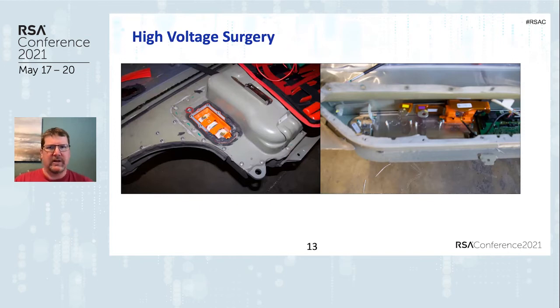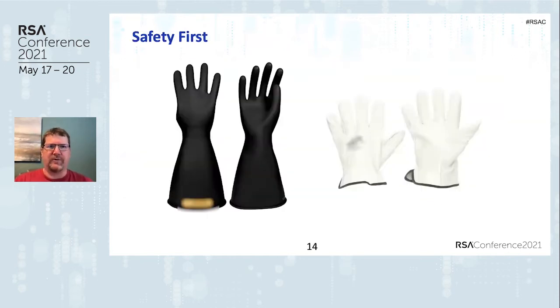I did some research on what the safety protocols were for doing this, and these were the components you had to buy. You have to buy some high voltage gloves and then use glove protectors. Even though everything's isolated, you can still get yourself quite a bit of nasty shock. So there's a protocol that you have to follow.